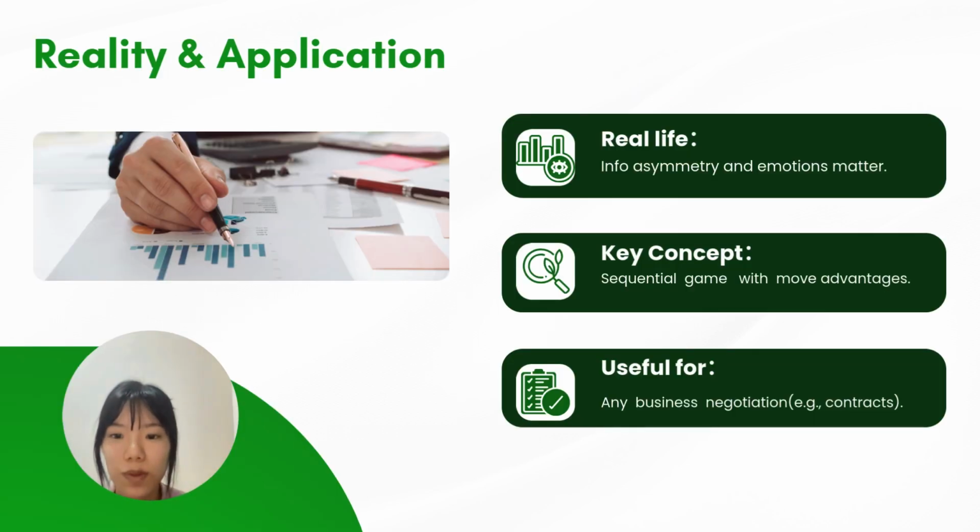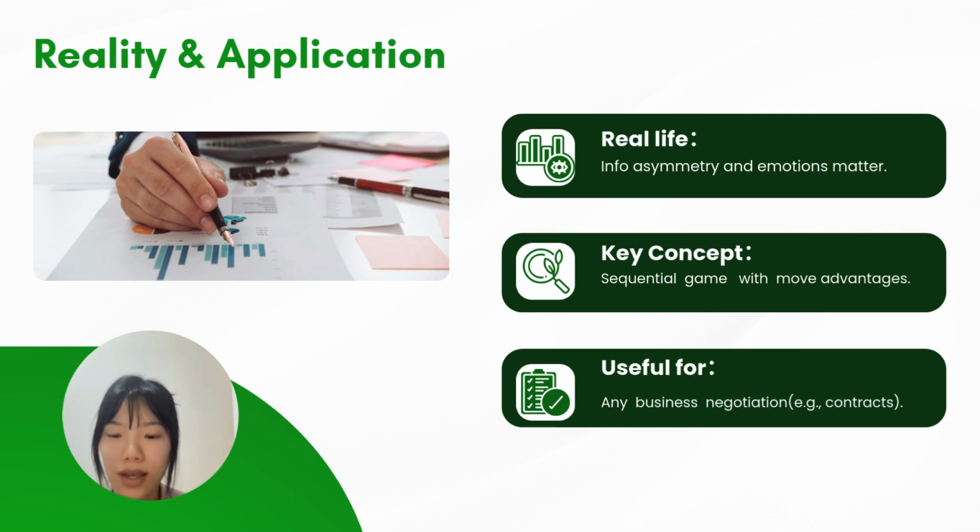Finally, let's turn to part 3: reliability and application, where the center is clear. Real-world negotiations are influenced by factors such as information asymmetry, emotions, and fairness concerns. The core value of this sequential game model lies in its broad applicability.